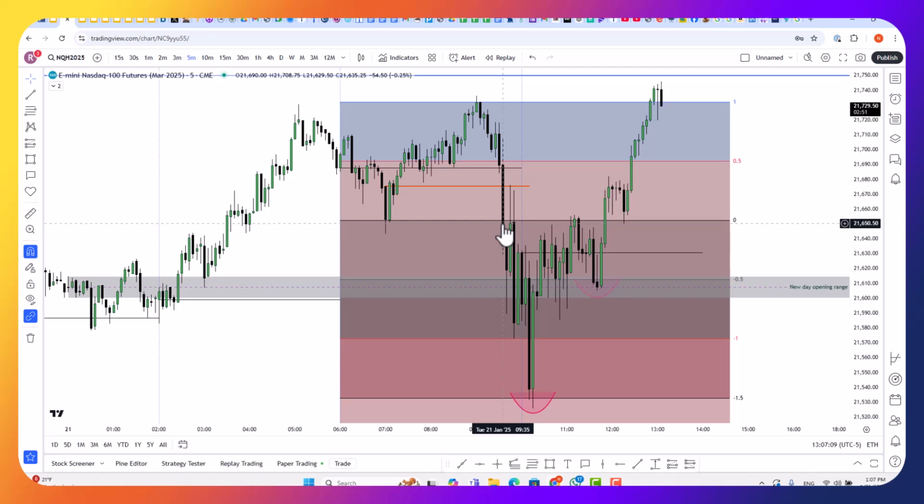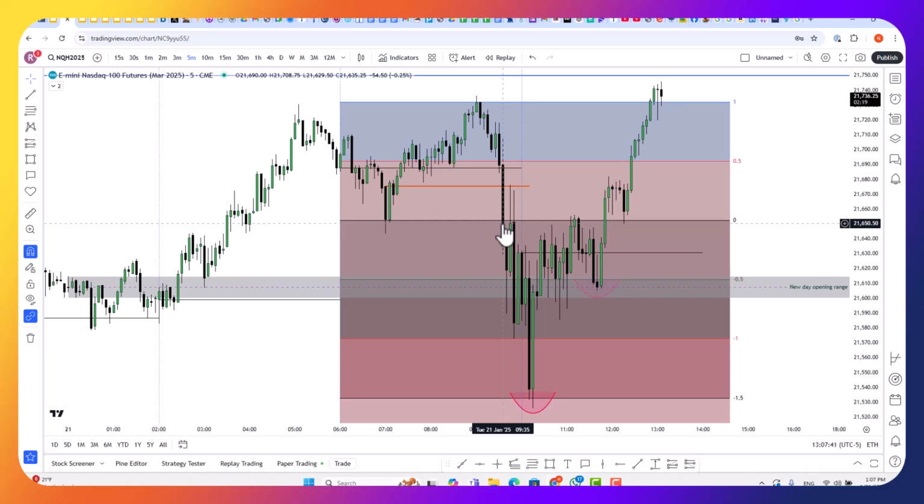So going forward, I will record this live, trying to understand how all the institutional reference points that I studied from ICT play out in the marketplace. What happens when the market trades, when price is delivered to those levels. I'm very, very curious right now, and I'm trying to understand.